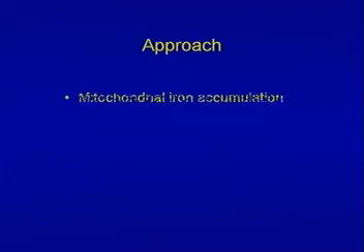So an approach, a therapeutic pathway, if you will, is to reverse the mitochondrial iron accumulation using what are known as lipid-soluble chelators. So let me unpack that for you. A chelator is a compound that grabs onto something like a heavy metal, okay? The chelators that we want to use grab onto iron because we want to get that iron out of the mitochondria that's accumulating there and causing toxicity.